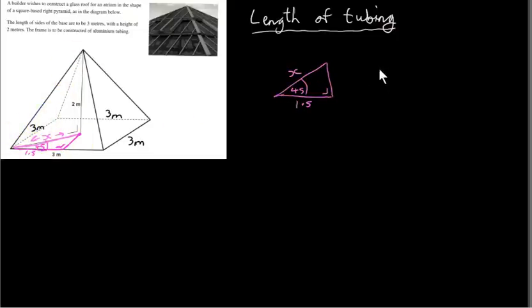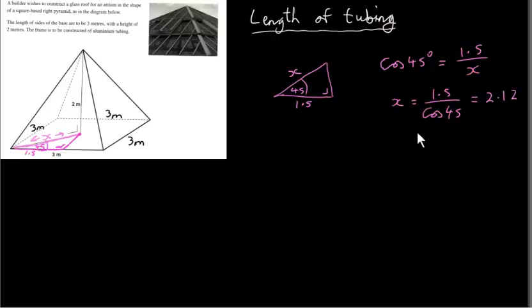To calculate x, we use the fact that the cos of 45 degrees is the side adjacent to 45, which we have, divided by the hypotenuse, which is what we're looking for. So x equals 1.5 divided by the cos of 45 degrees. We cross multiply, rearrange to get x. So x is 1.5 divided by cos of 45, which is 2.12 meters to two decimal places.